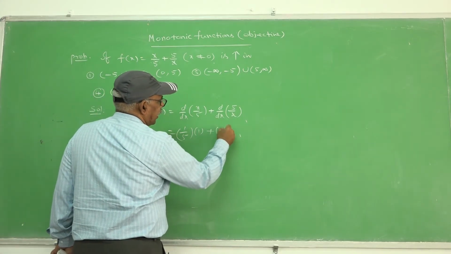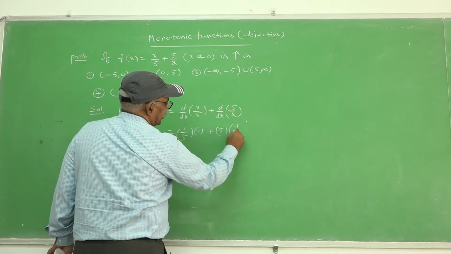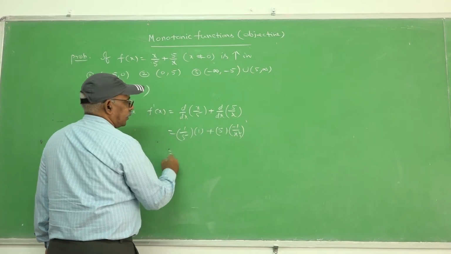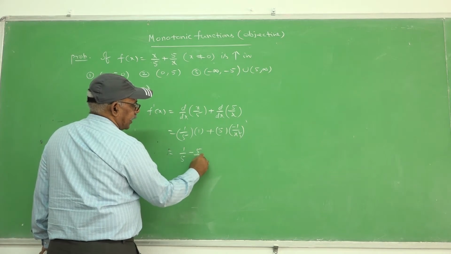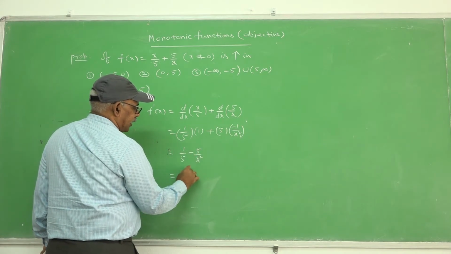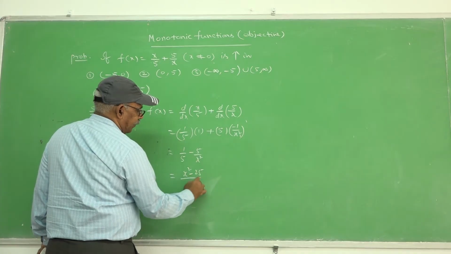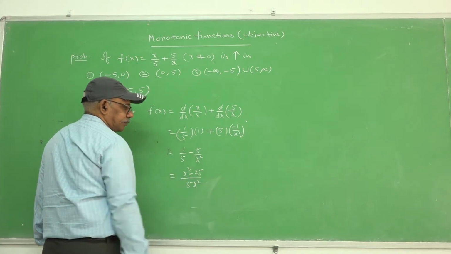Similarly, 5 into the derivative of 1 by x, which is minus 1 by x square. So that is 1 by 5 minus 5 by x square, which is x square minus 25 by 5x square.